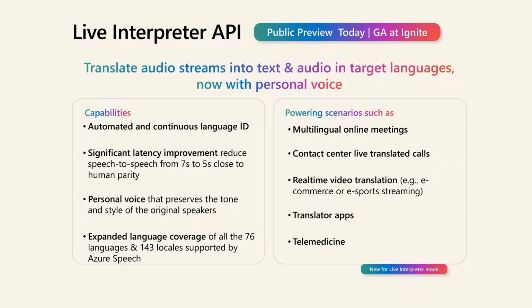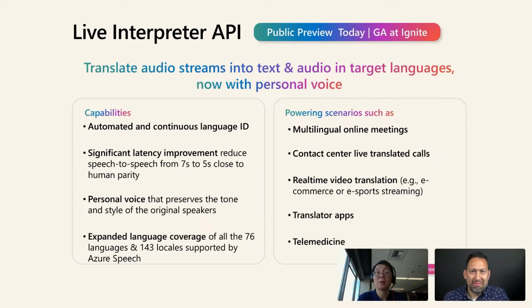Imagine in a global conference, a speaker talks, but the audience hears a delayed, robotic translation. Or in a meeting or phone call, the conversation feels choppy, with mismatched timing and no personal tone. So the challenge we face is, one, latency. The traditional system usually takes about 7 seconds to finish speech-to-speech translation, which is much slower than a human interpreter.